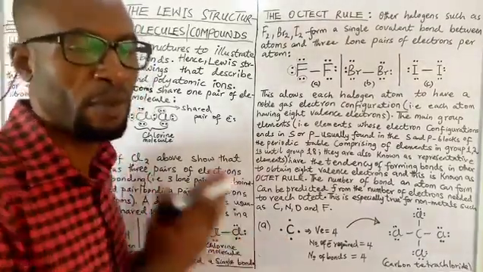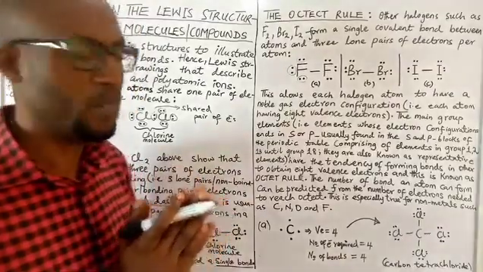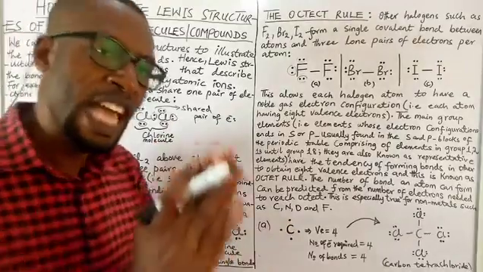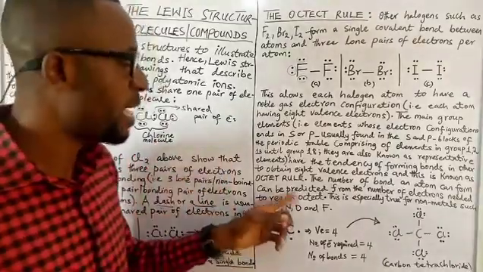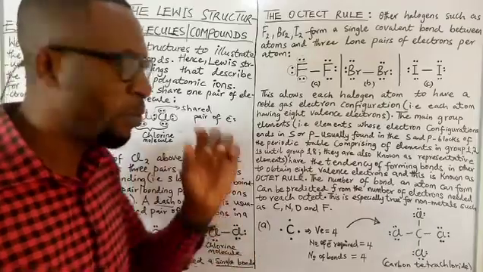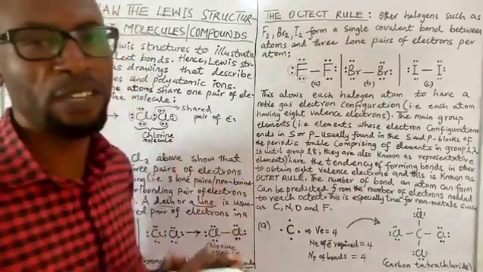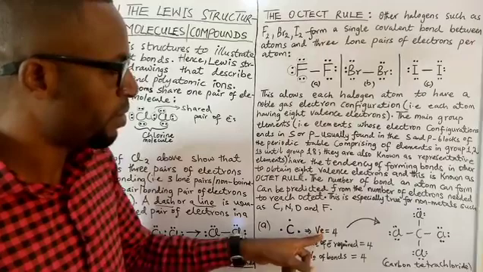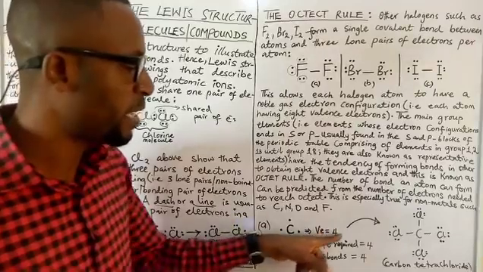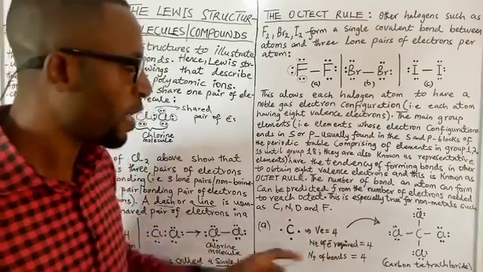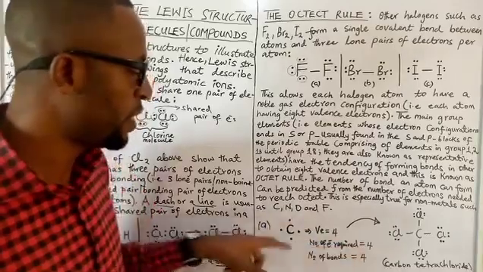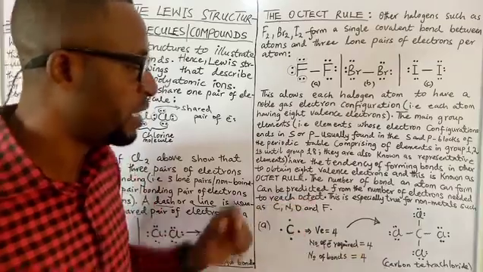Understand that carbon has 4 valence electrons. Therefore, for it to acquire 8 electrons in that valence shell, carbon requires 4 more electrons. So the valence electrons present in carbon is 4, and it requires 4 more electrons to attain the octet.